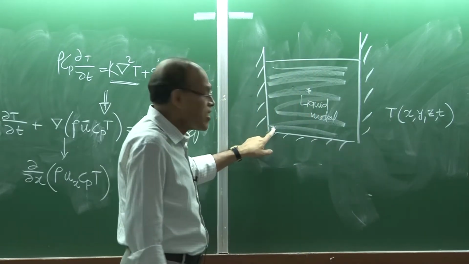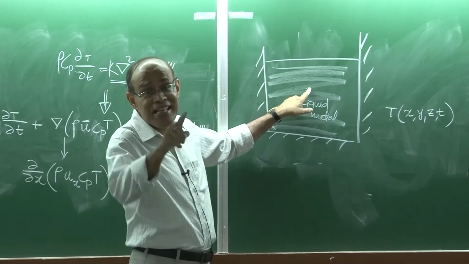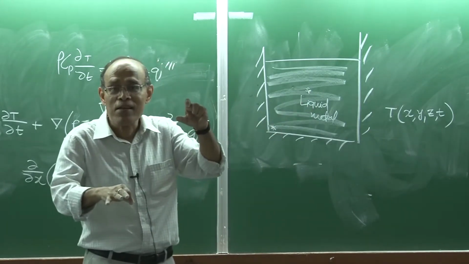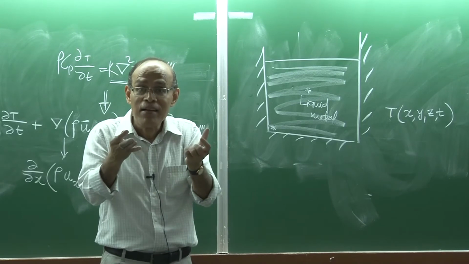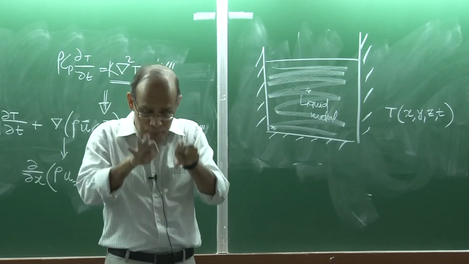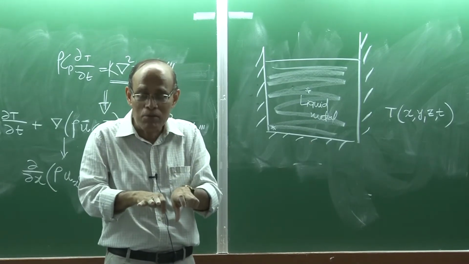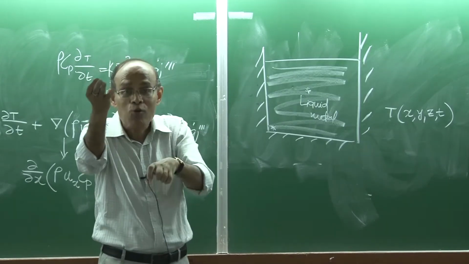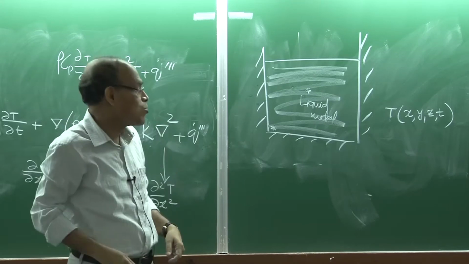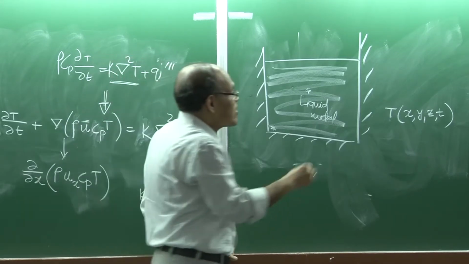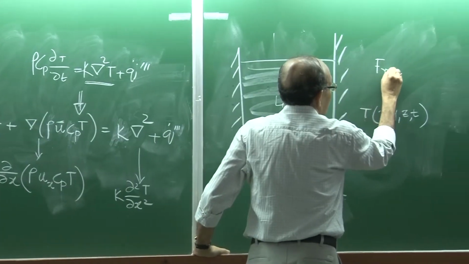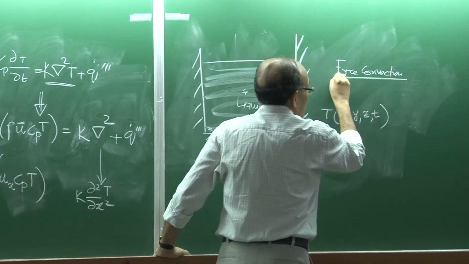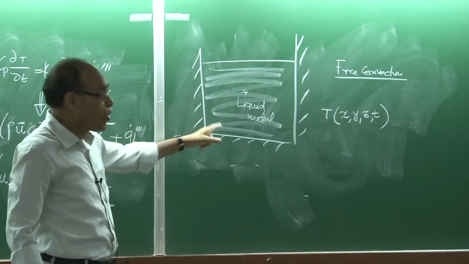So, if the temperatures are different, the local densities are also going to be different. Where the temperature is higher, the metal will be lighter; where the temperature is lower, the metal will be heavier. So, the lighter metal will go up, the heavier metal will settle down, and as a result a convection current is going to be generated in the system, and we call it a free convection current. This is a thermal free convection current.